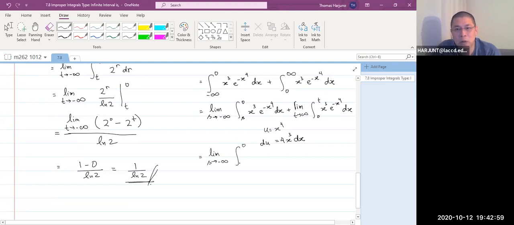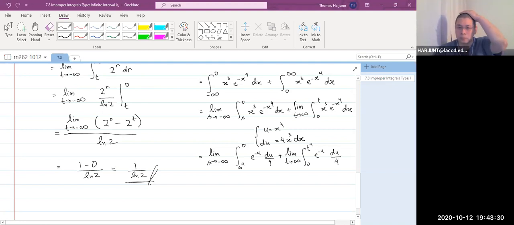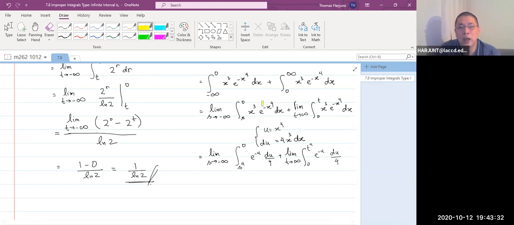This will be 0, this becomes s to the fourth, e to the negative u du over 4, plus limit t goes to infinity, integral from 0 to t to the fourth, e to the negative u du over 4. My x cubed dx is this.